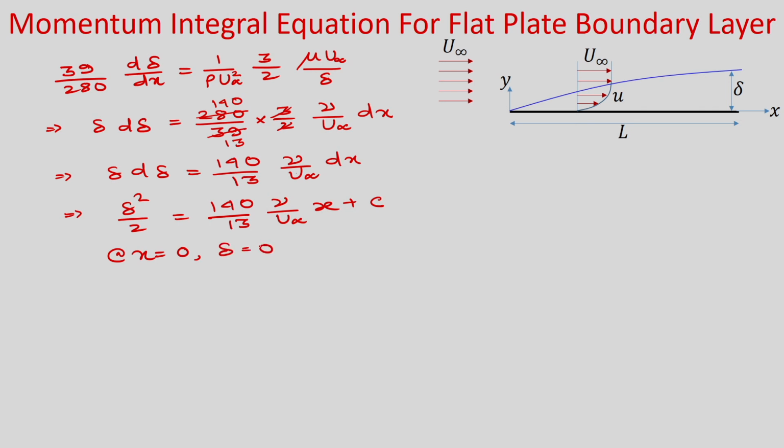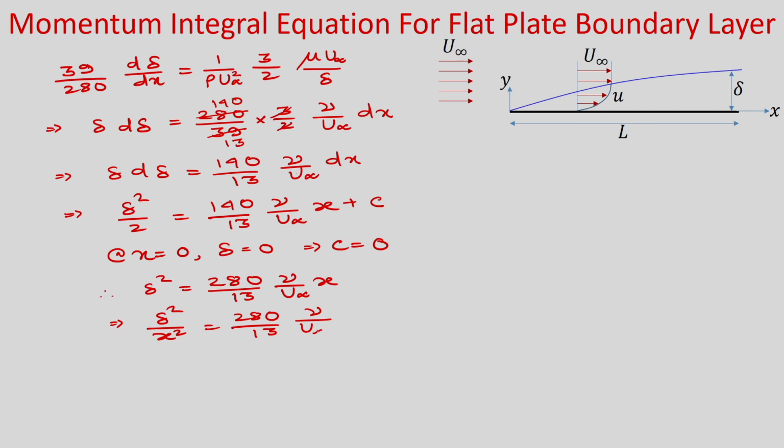If you put it here, that will give c equal to 0. So from here you can write δ² is equal to 280/13 ν/U∞ x. So we can write δ²/x² is equal to 280/13 ν, and since we have divided by x², it will be U∞ x.